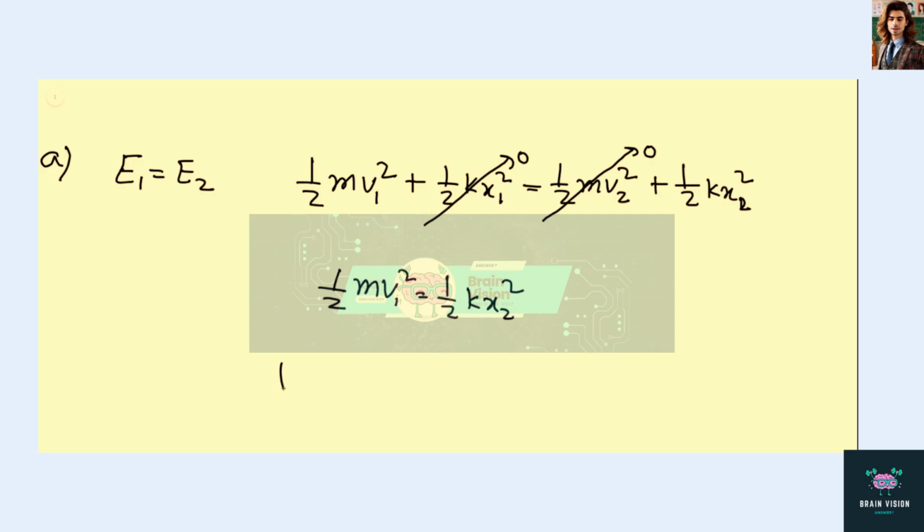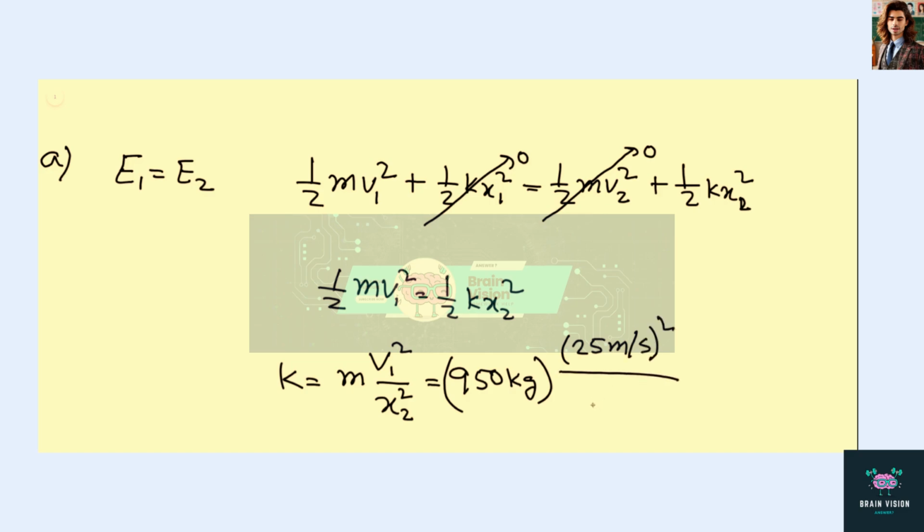And from there, if we solve for the spring constant, we see that this is m times v1 squared divided by x2 squared, which is equal to 950 kg times 25 meters per second squared, divided by 4 meters squared. So this thing is equal to 3.711 times 10 to the power 4 Newtons per meter.